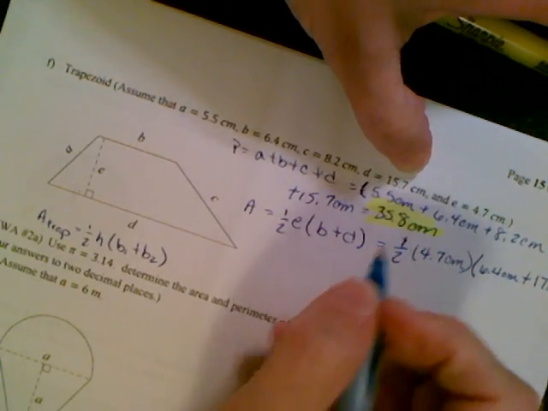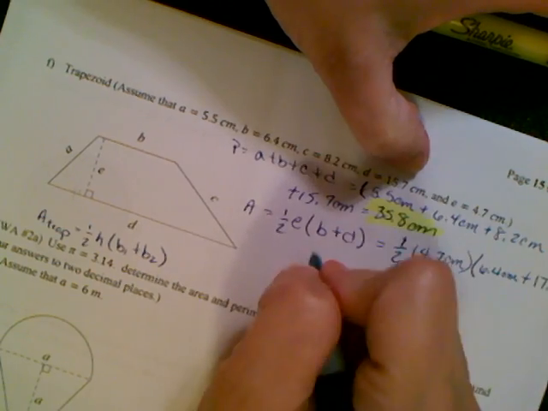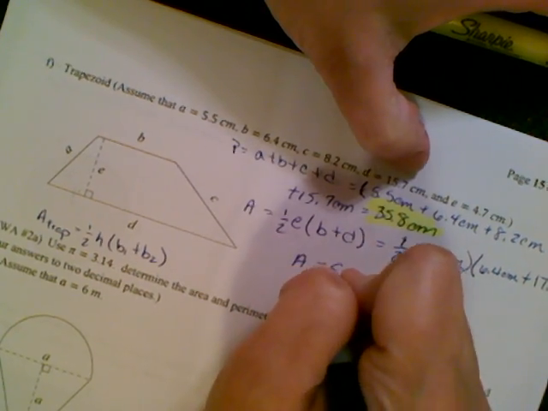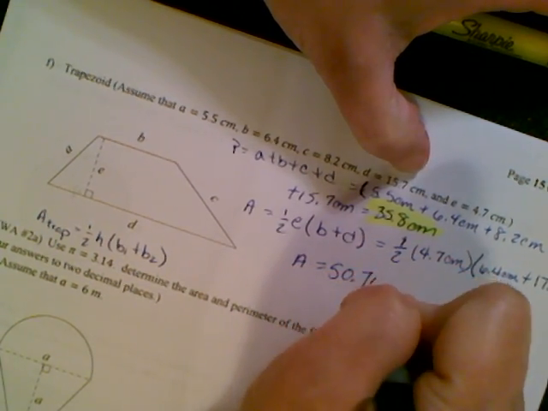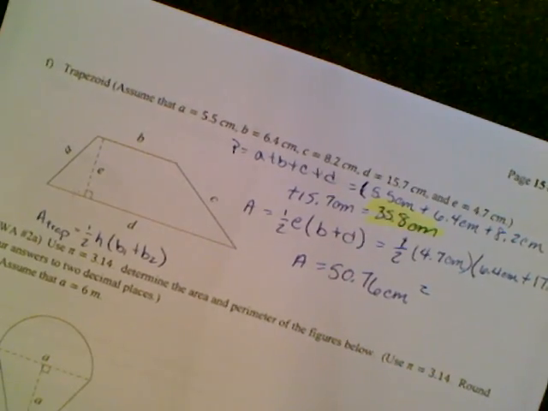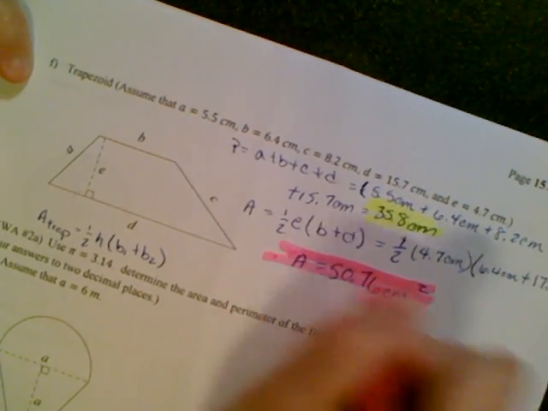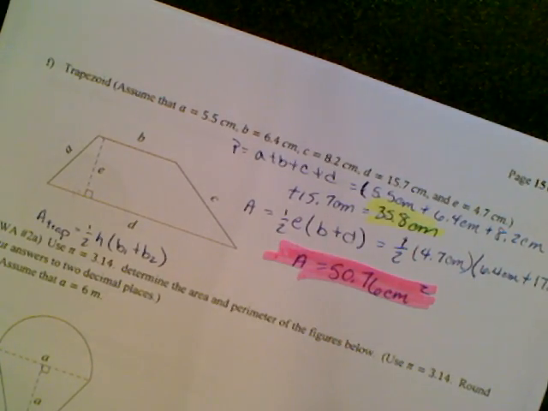Plugging this all in, coming out with an answer, what we come up with is that the area is 50.76 centimeters squared. Okay, so that is the end of that one question.